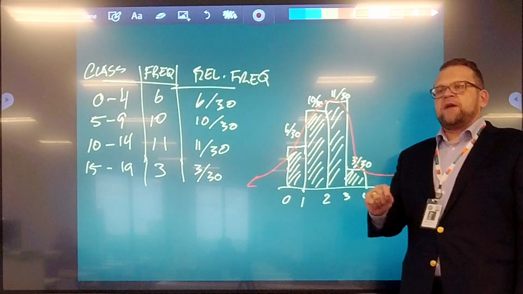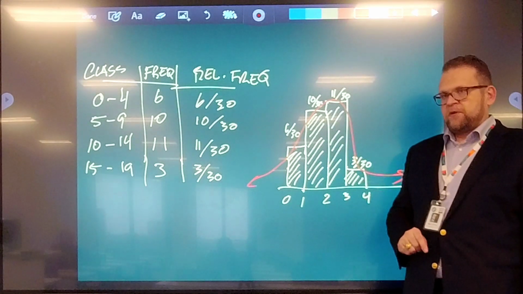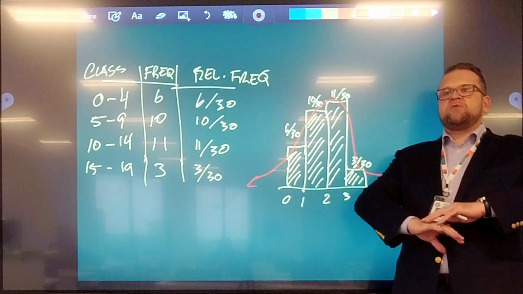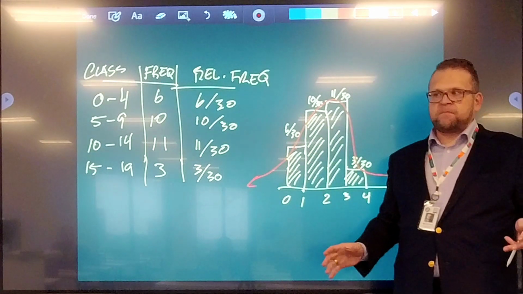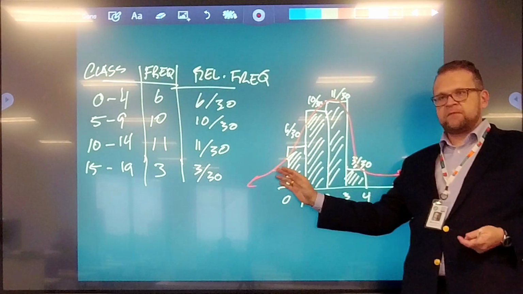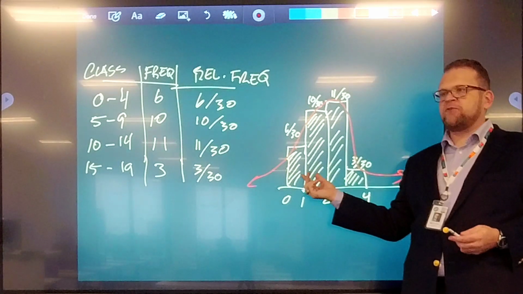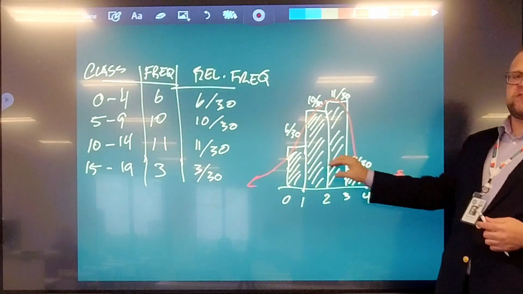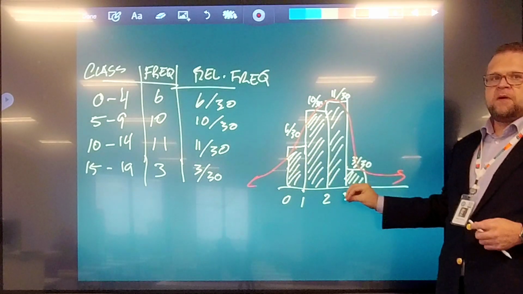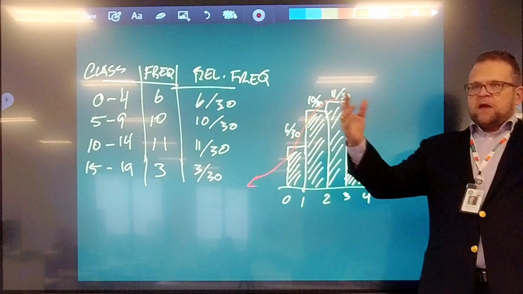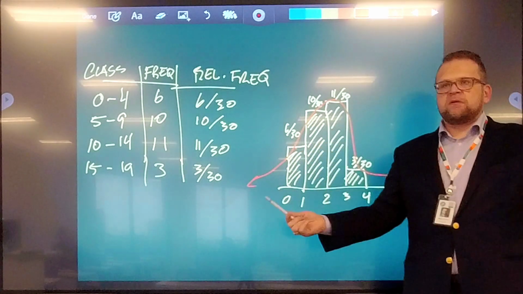But what if I am able to learn that the commute times for everyone is normally distributed? Then I wouldn't be able to use my histogram. My histogram is only dealing with these 30 people. I want to be able to talk about everyone in the city of Dallas or in the country.